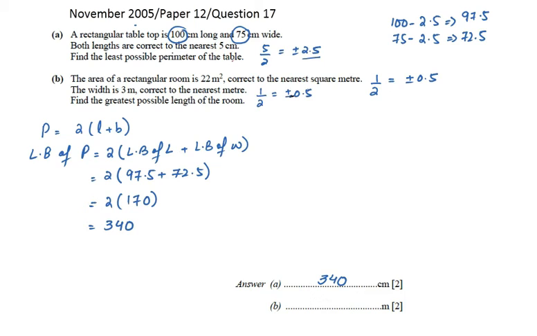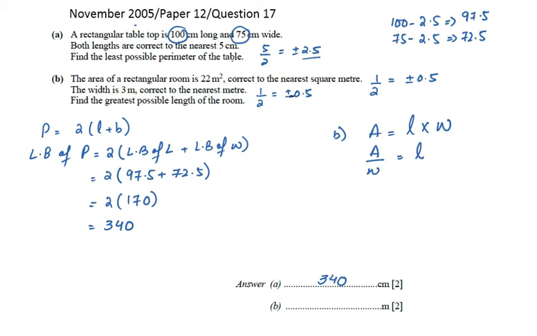So as we know, the area of a rectangle formula is A is equal to length multiplied by width. As the area of the rectangular room is given and width is given, we have to find length. So when we shift this width to the left hand side, it will be divided by area. So we will get length.